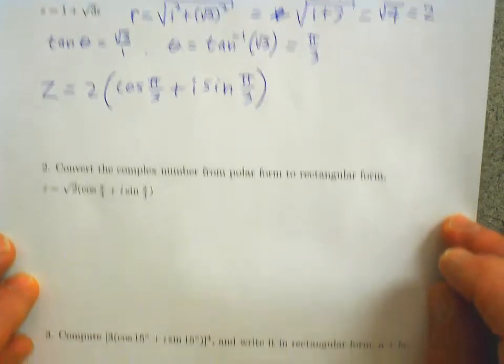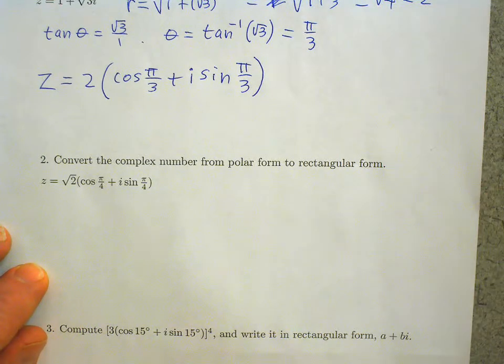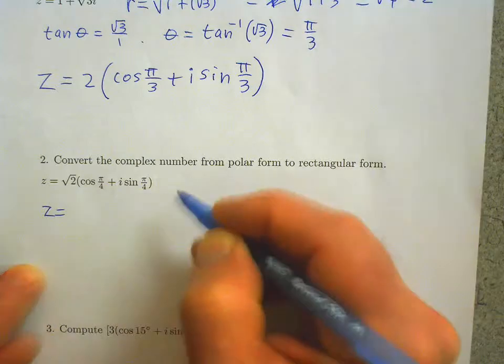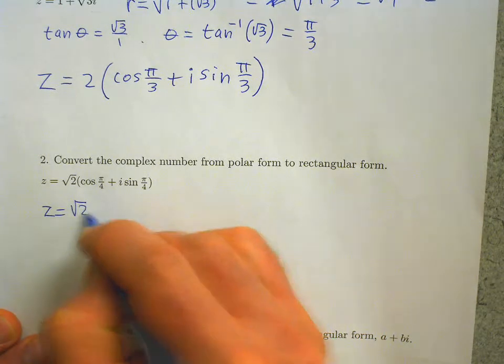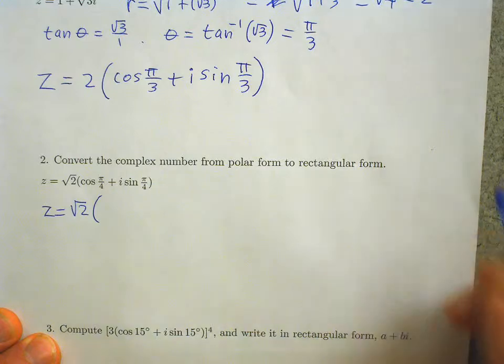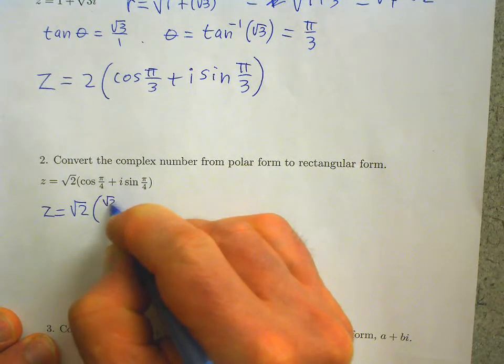Okay, the next problem, convert the complex number from polar form to rectangular form. So here, multiply the square root of 2. We know how to evaluate cosine of pi over 4. Cosine of 45 degrees is the square root of 2 over 2.